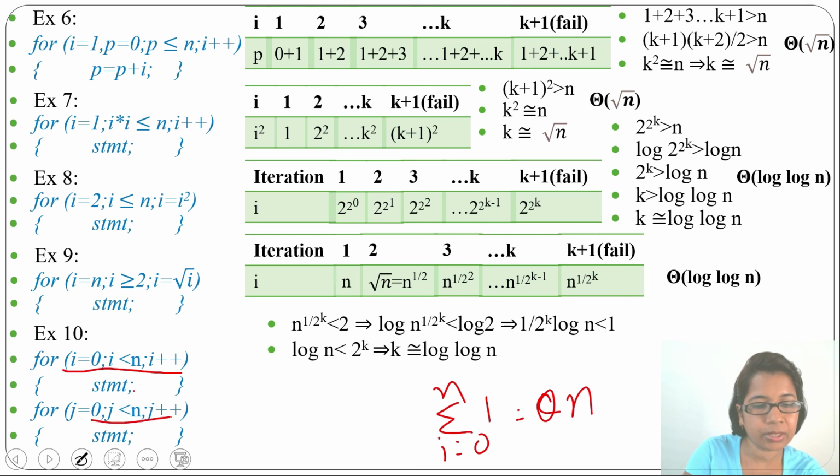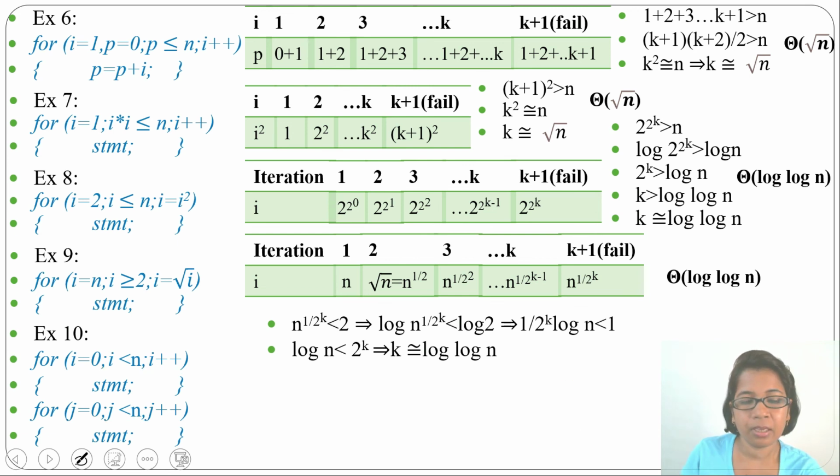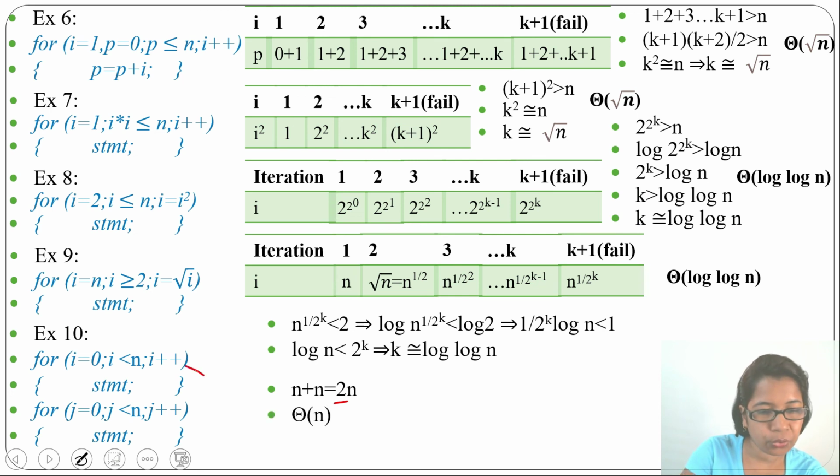And for this also running time will be theta of n. The first for loop will run n times while the second for loop will also run n times. Means both for loops will run 2n times, 2n that we can write as theta of n. So for these two for loops running time is theta of n. These two are separate independent loops.